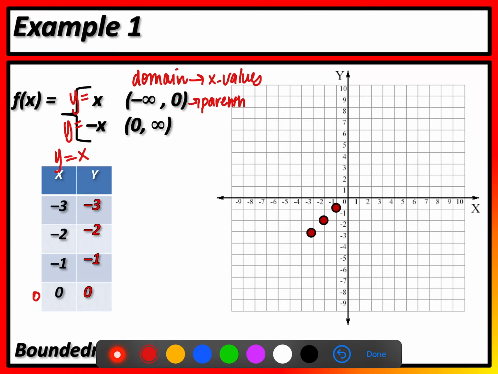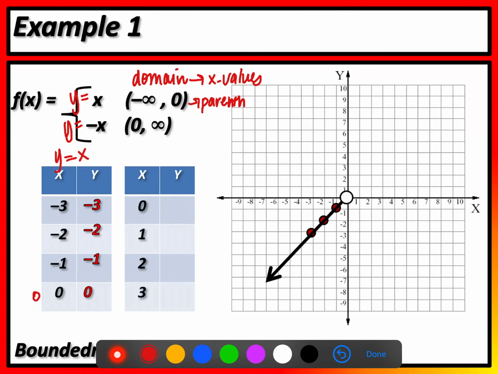So -3, -2, -1. When you get to the end of the interval, you have to pay attention to the parenthesis or the bracket, which is why I just told you to put an open circle next to 0. So that when you graph that point, you remember to put an open circle there. All right, so that's the first piece of this function.